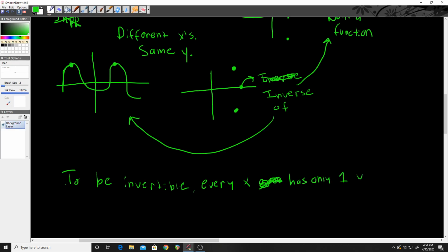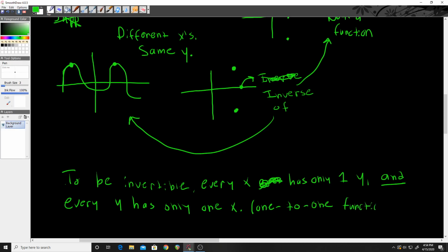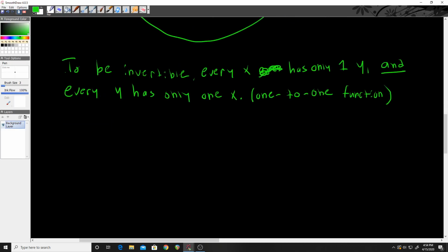And also, every y has only one x. This is called a one-to-one function. One-to-one function. So a one-to-one function is invertible. Okay. So let's just look at some quick examples here of some curves.